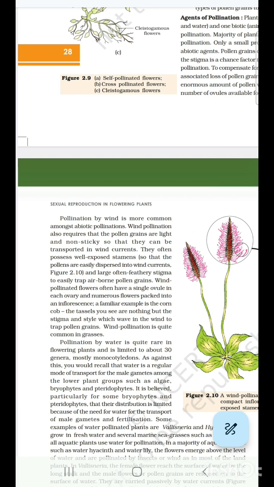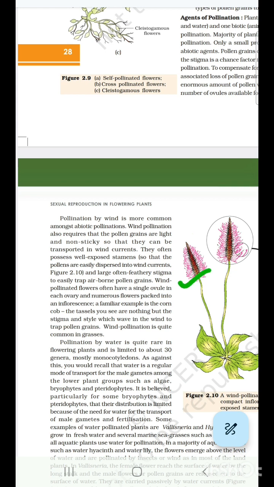Pollination by wind, which is anemophily, is more common among abiotic pollinators. Wind pollination requires that pollen grains be light and non-sticky so that they can be transported in wind currents. They often possess well exposed stamens so that pollen is easily dispersed into wind currents, and large, often feathery stigmas to easily trap airborne pollen grains.